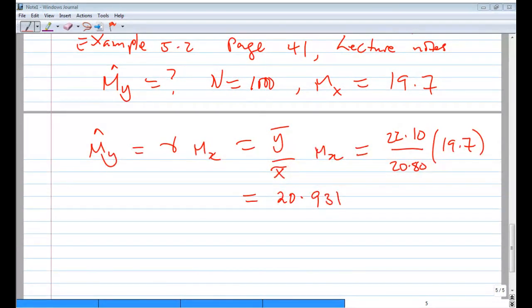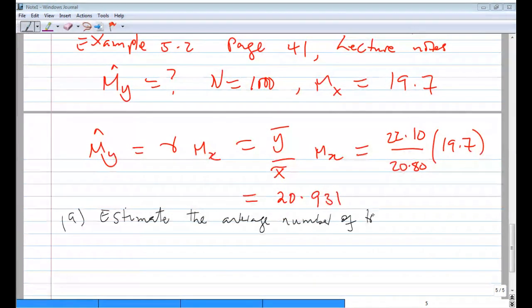Thank you very much. Now, I forgot to give you the question. I thought maybe everybody has the lecture notes. But anyway, let me just write it down. Question number 1 says: estimate the average number of trees.